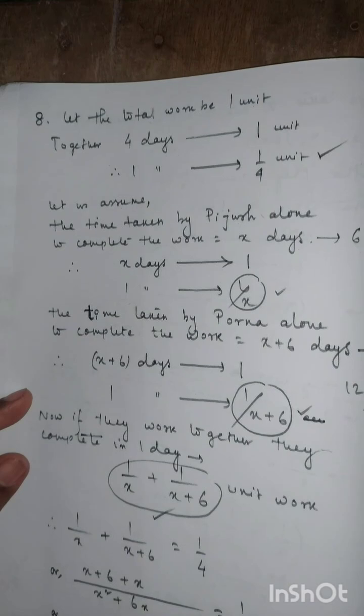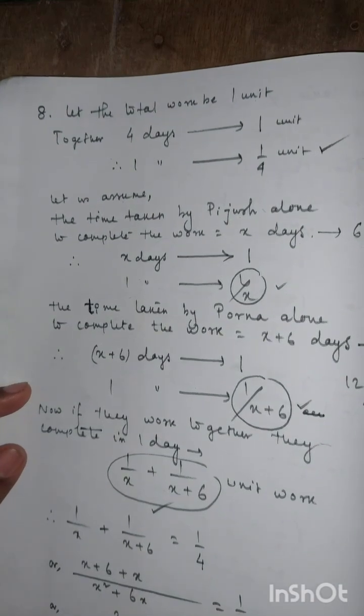Question number 8 says, there are two people, Piyush and Porna. When they work together, they complete the whole work in 4 days.